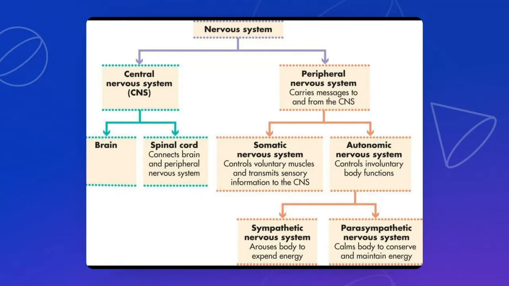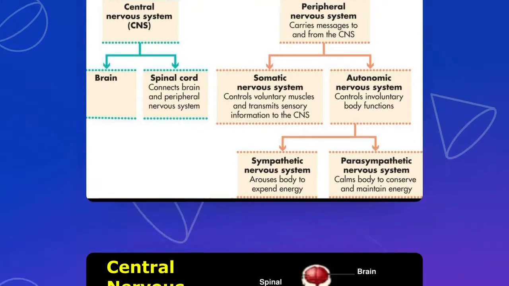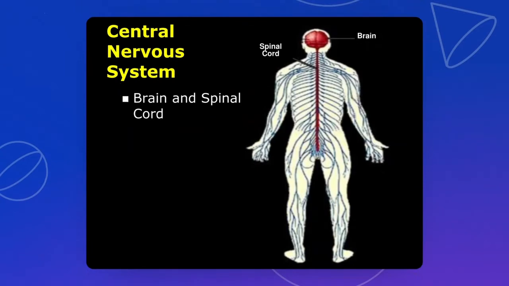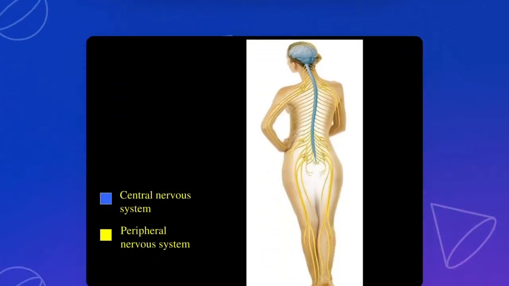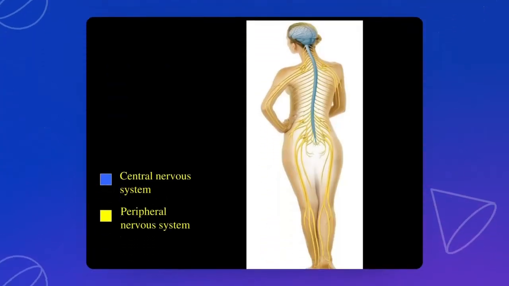Now, a good way of understanding this would be to more or less identify that the central is in the middle, okay, which is comprised of the brain and the spinal cord. While the peripheral nervous system is of course on the side. Okay, it's spread out into the different parts of the body, particularly the organs, the muscles, the skeletal systems, anything that would be controlled by the brain or would be sending information to the brain.